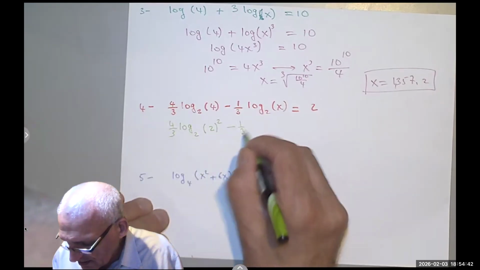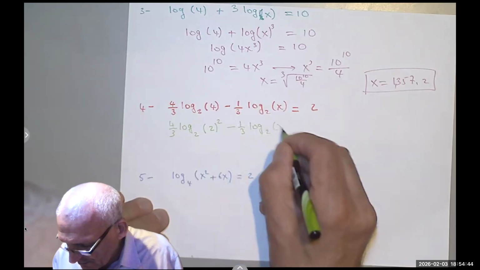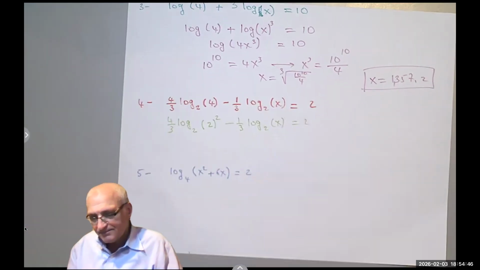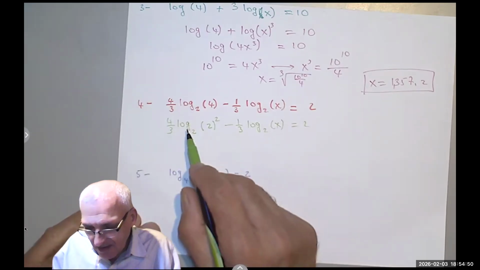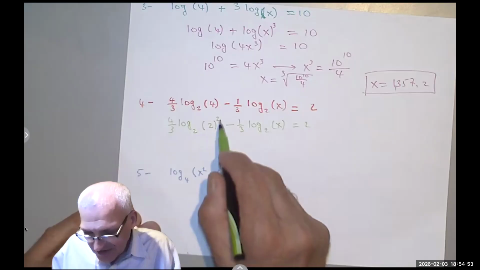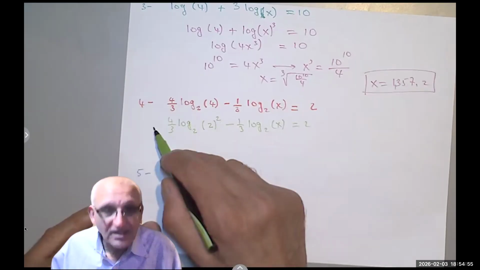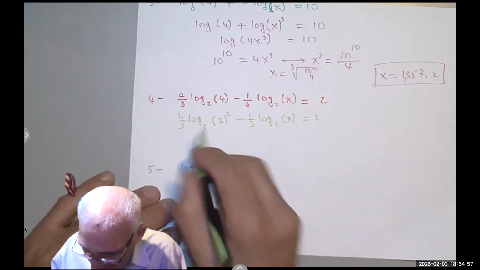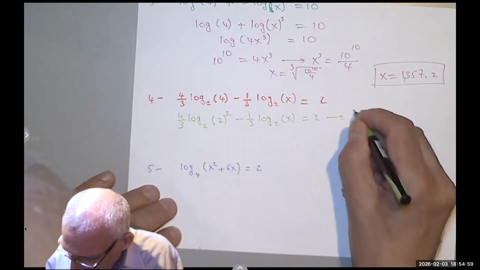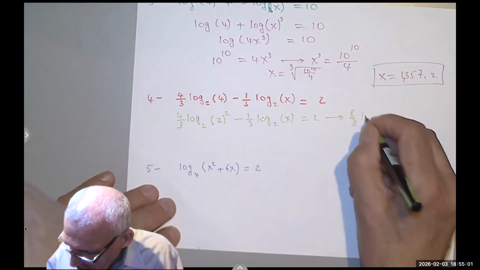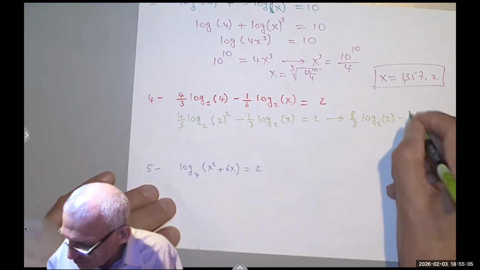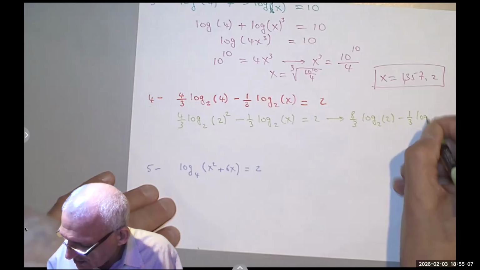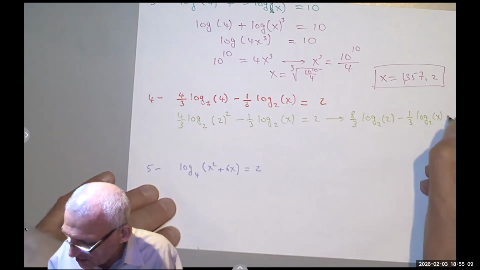Minus 1/3 log to the base 2 of x equals 2 for now. Notice that this 2 comes down as a multiplier, so that would be 8/3 log to the base 2 of 2 minus 1/3 log to the base 2 of x equals 2.